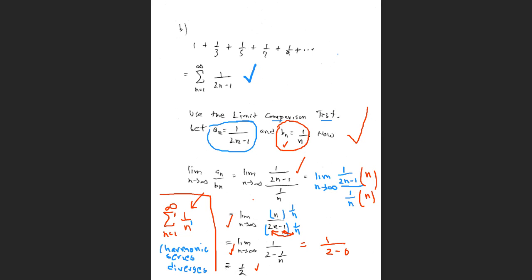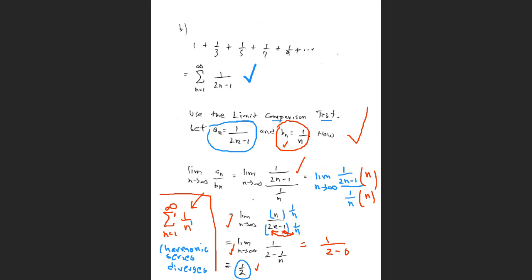Well, the fact that eventually the terms of our series are going to be approximately half the size because the ratio is a half. The terms of our series are going to be approximately half as large as the terms of the harmonic series.